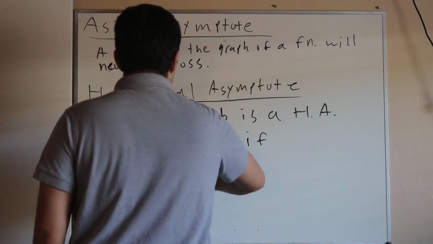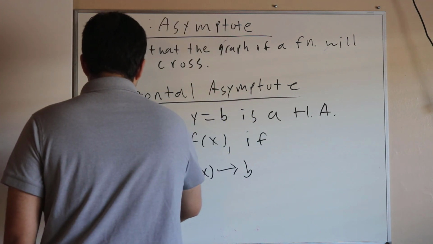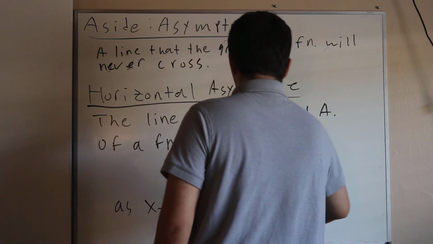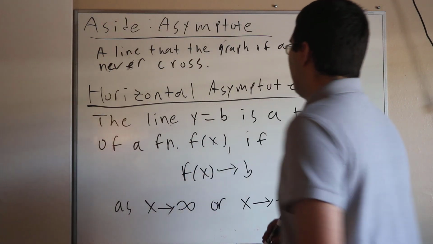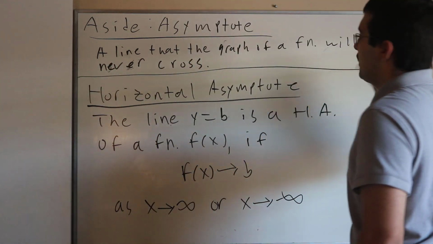So it's going to be this. Alright, so here's the general definition of a horizontal asymptote.